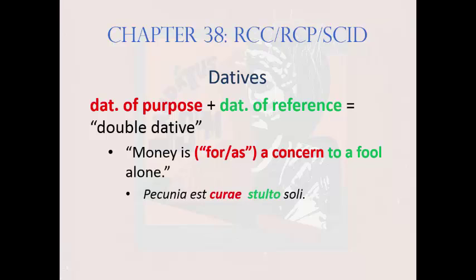In Latin that would be pecunia est curae stulto soli. Both curae and stulto are dative. Curae, meaning a concern, an abstract noun, is a dative of purpose, and stulto, fool, is the dative of reference. In the double dative, the dative of reference is almost always a person or persons.